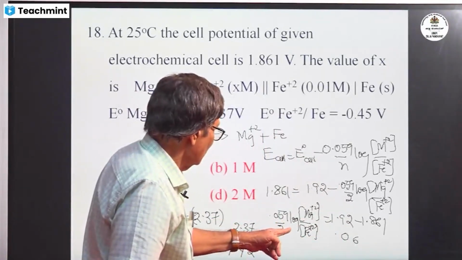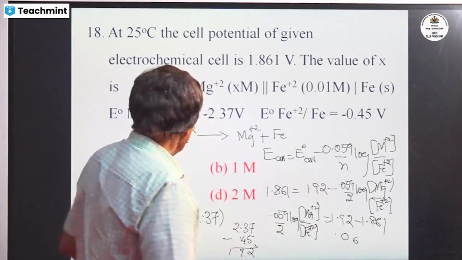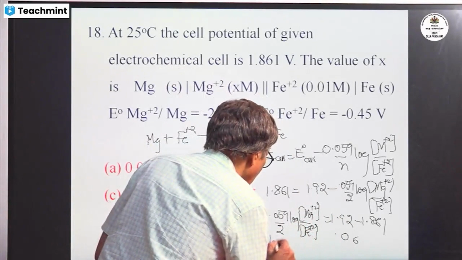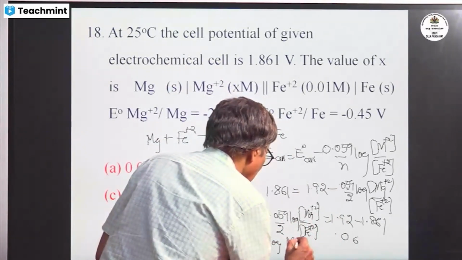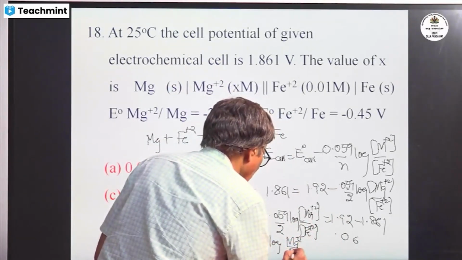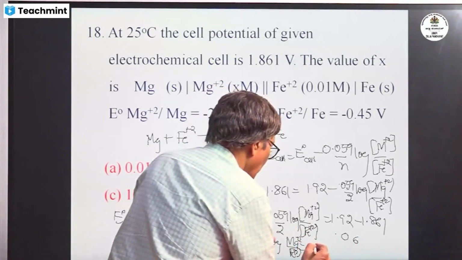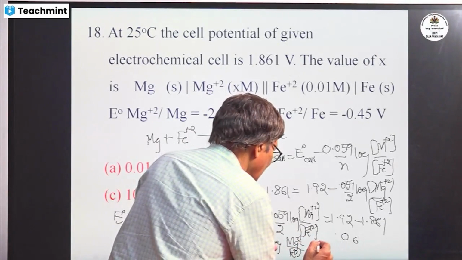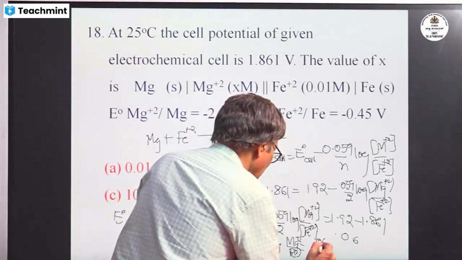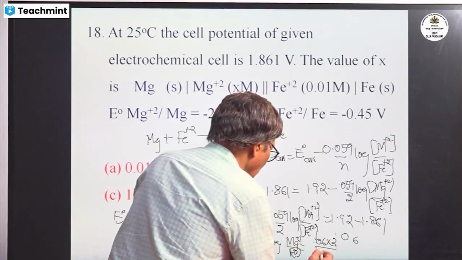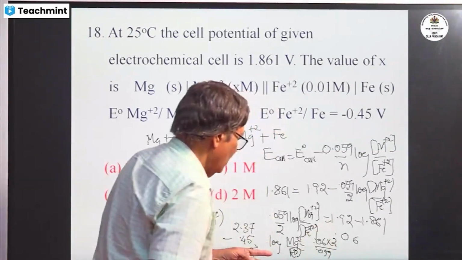Right? So I want now log Mg plus 2 by Fe plus 2 is equal to 0.06 into 2 by 0.059.